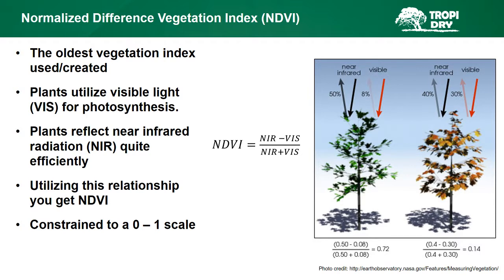In this example here on the right, you can see that this green tree would have an NDVI of 0.72, whilst this browning tree that's in senescence would have an NDVI of 0.14. And NDVI is constrained to this 0 to 1 scale, typically.